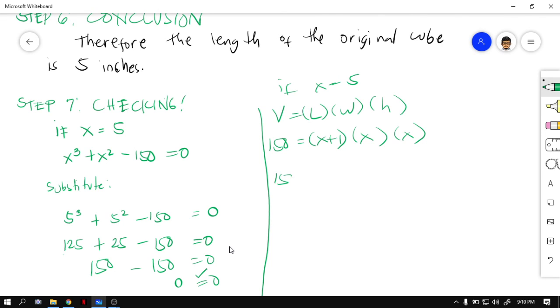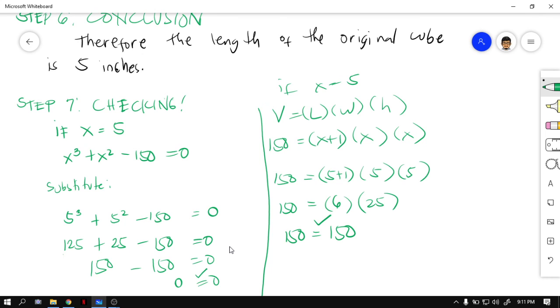Substitute: 150 is equal to 5 plus 1 times 5 times 5. 5 plus 1, that is 6, times 5 times 5, 25. 6 times 25 is 150. 150. Correct. So, again, therefore, the length of the original cube is 5 inches.